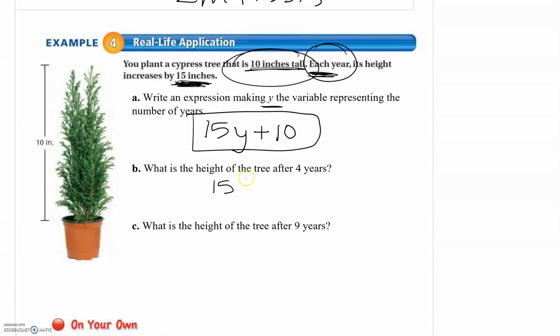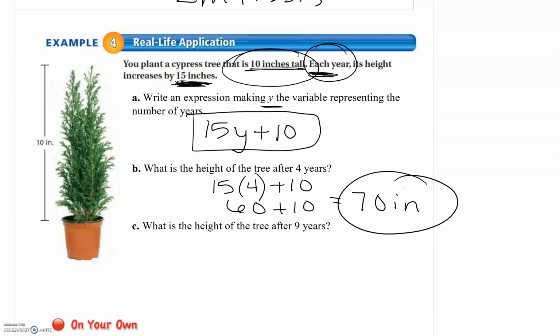So we would put 15 times 4 plus 10. Okay, so 15 times 4, what would that give us? So I have 60 plus 10, so it would be 70 inches after my 4 years.